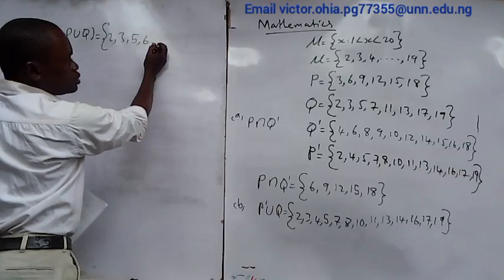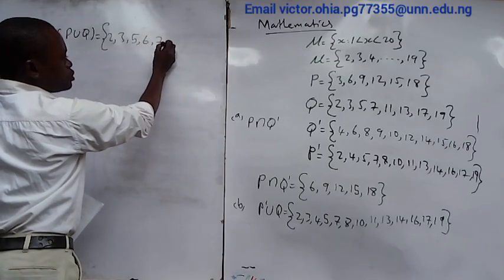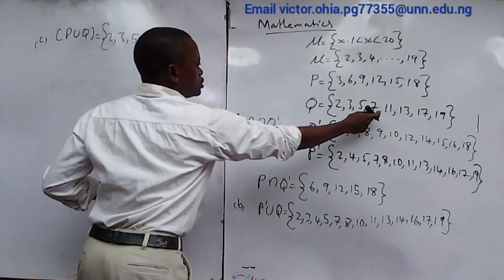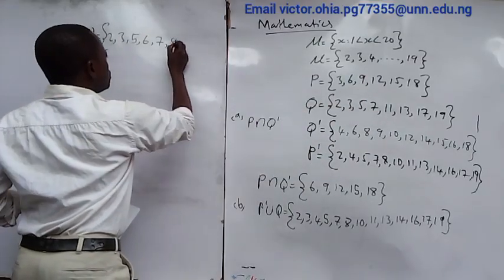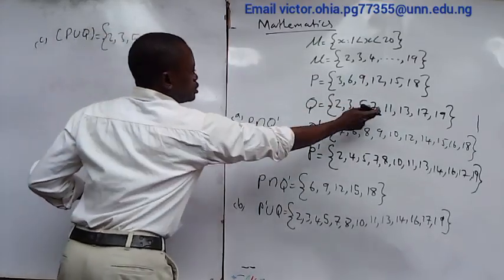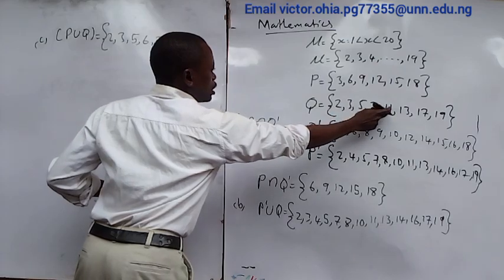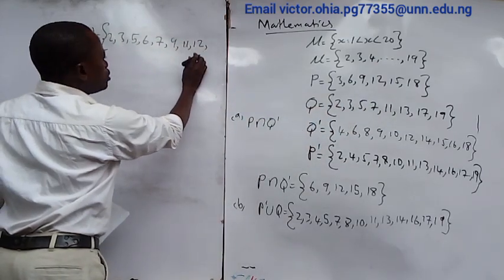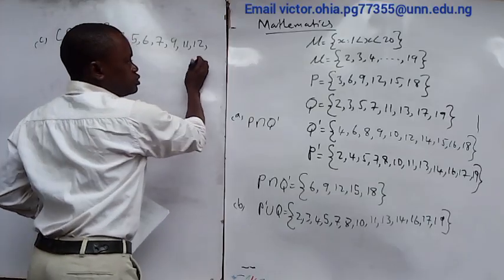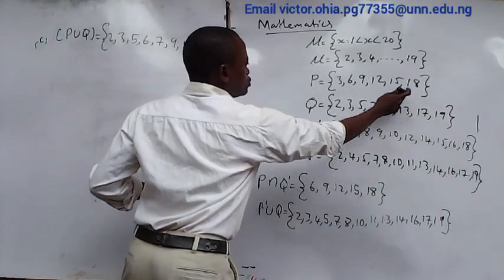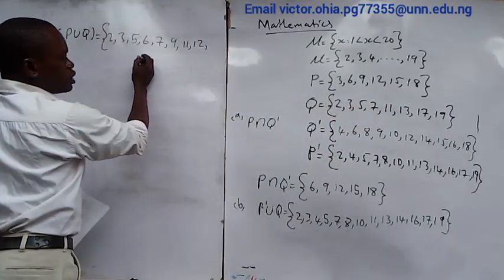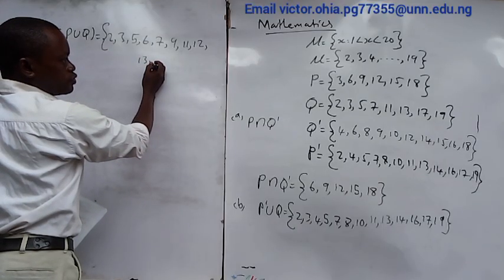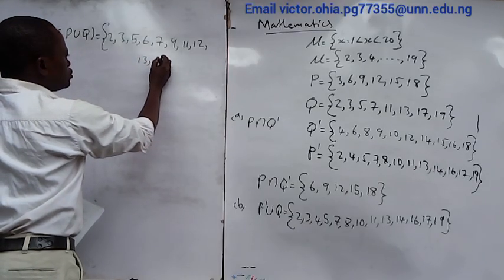After 6, we have 7. There's no 8 between them, but there is 9 here, followed by, there's no 10 between them. I will have 11 and 12, comma. After 12, 13. There's no 14. Then I write 15.